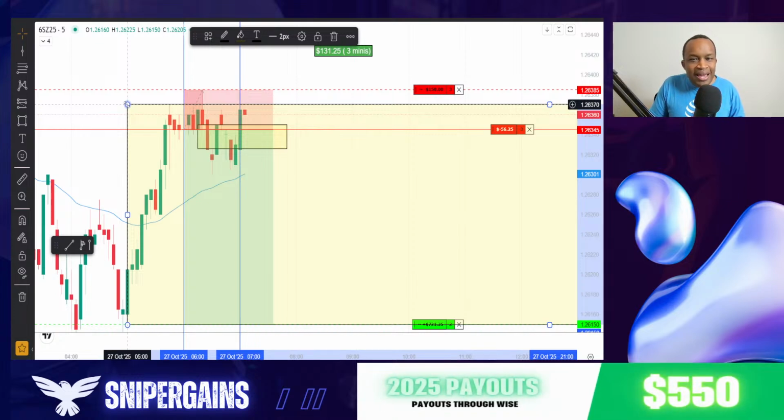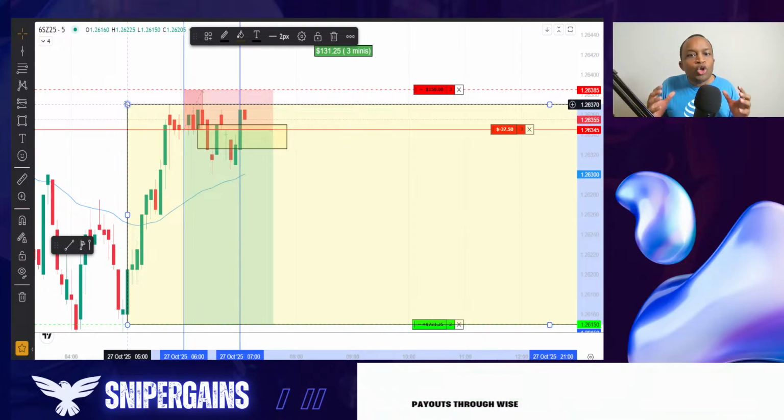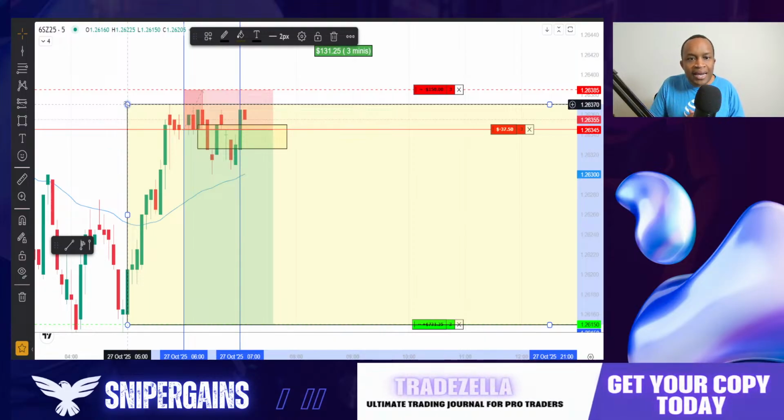Now, I will say I wish I had just been a little bit more patient, so that way I would have been risking 131.25. But I think it's okay considering I have a good profit balance to cushion me a little bit, that I can risk $150 on the trade.